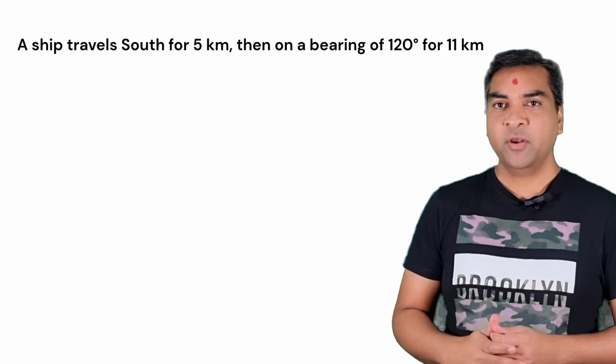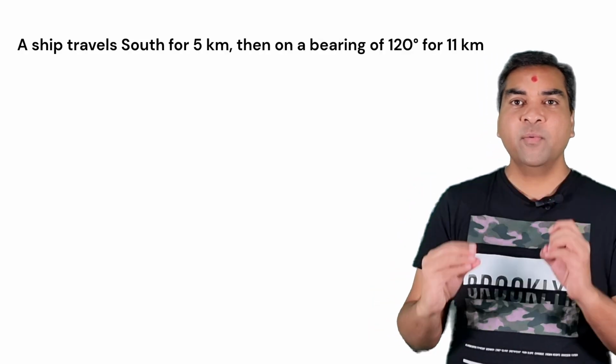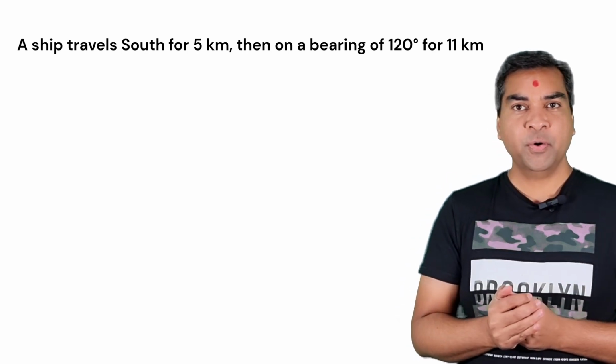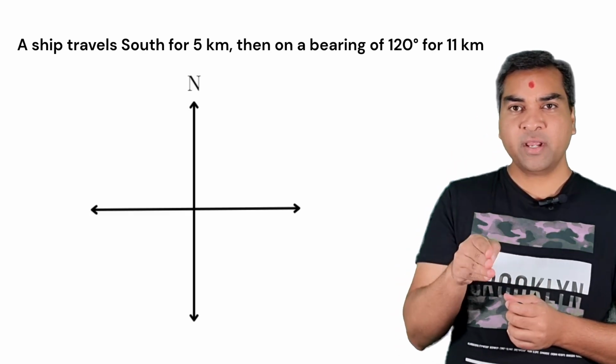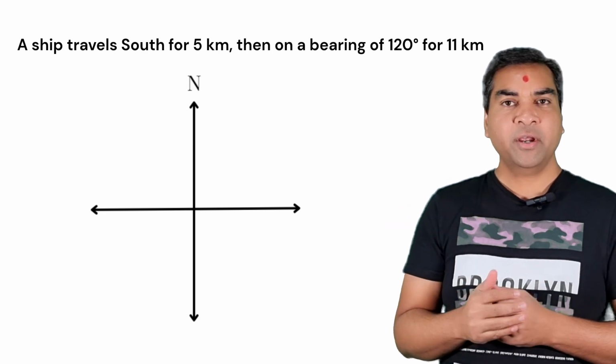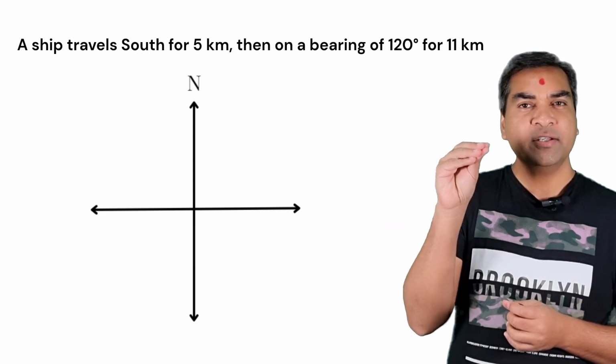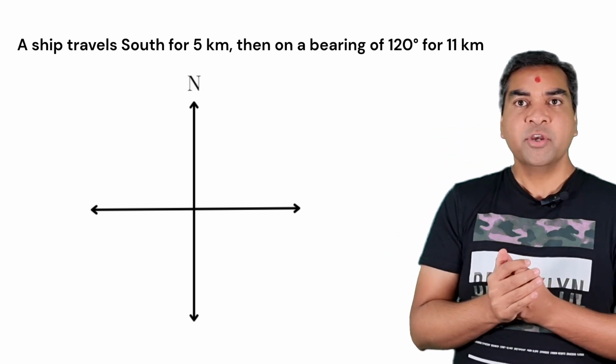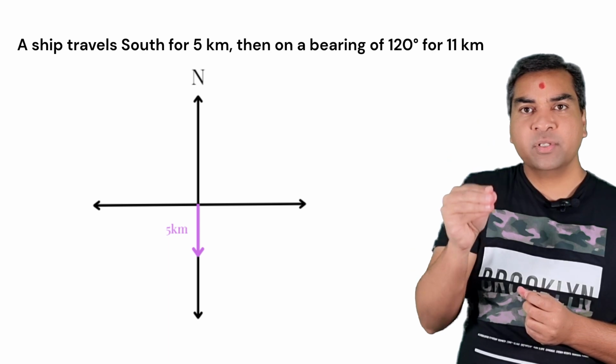Very first part is whatever is the data given, we will try to make a diagram with that. So let's make our north and south, east and west axis, and the origin is a starting point. So from starting point, at first the ship is going 5 kilometer to the south.